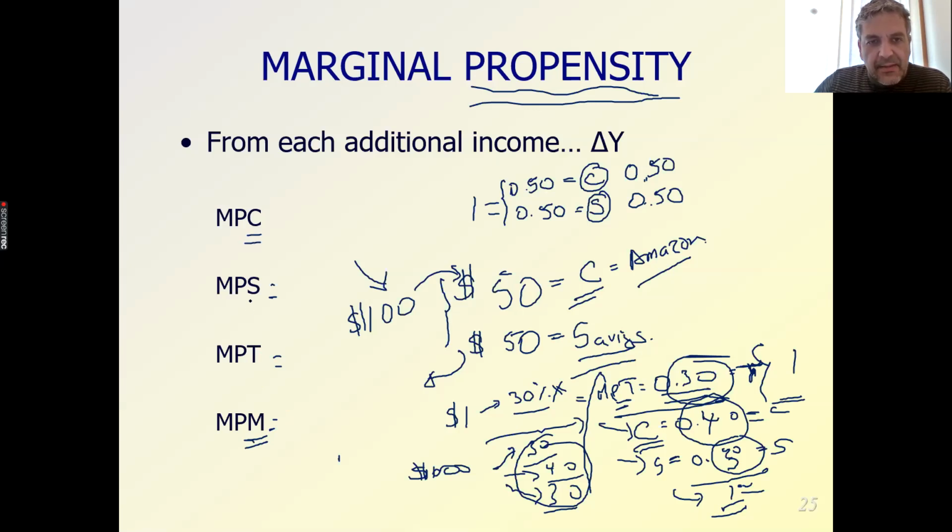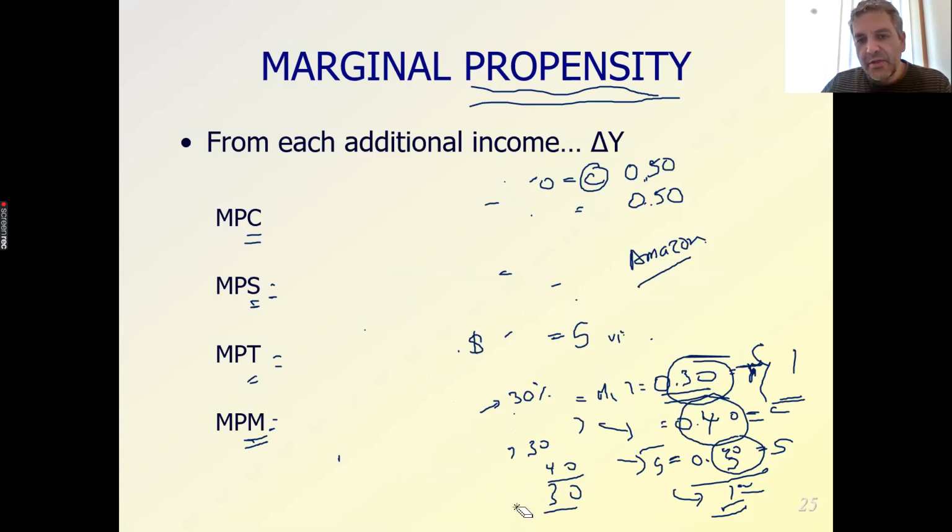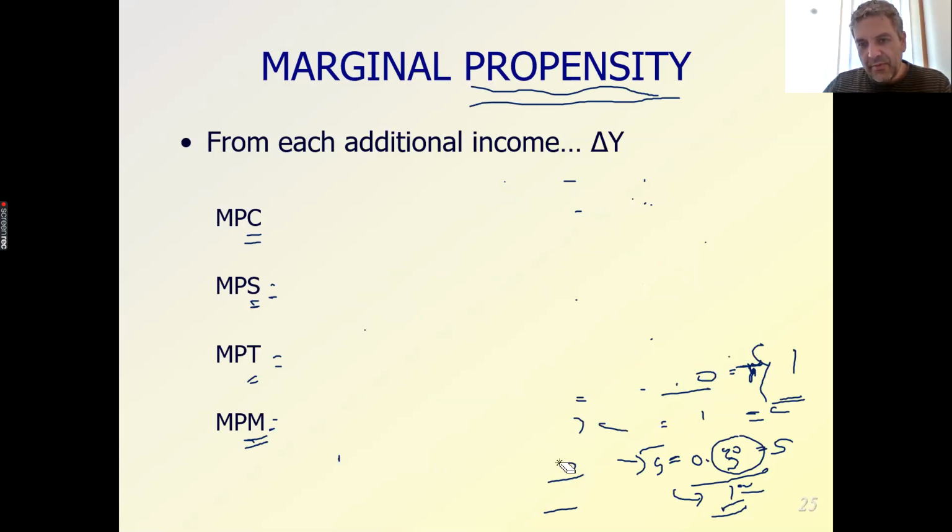So at the very end, just to end with this idea of marginal propensity, what we're looking at is from the unit, let me just clear this. So let's say from the unit, there's a certain proportion that is going to be used for consumption, a certain proportion for savings, for tax purposes, and for imports.